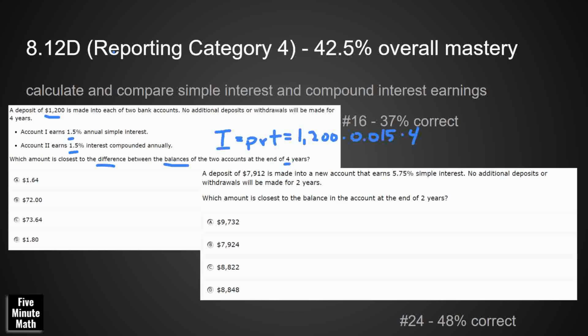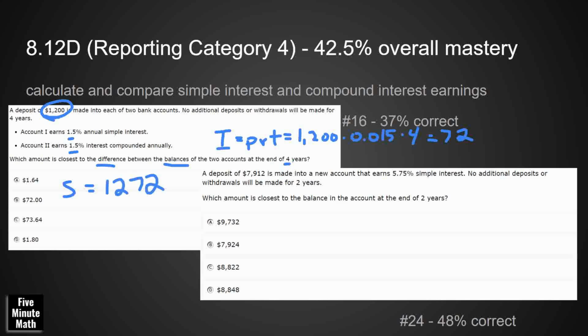So if we put all that in, this is not going to give us our balance. What we need to do is add our balance back into this, because this is simply going to give us our interest. So all of that is $72. Now we need to add that back to our initial amount, 1200.